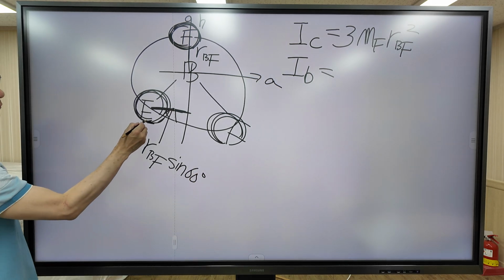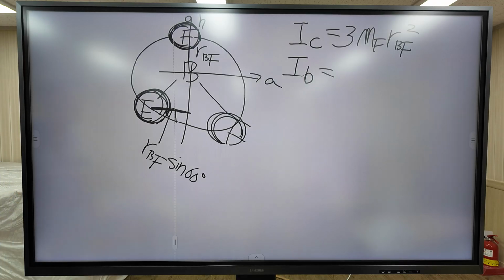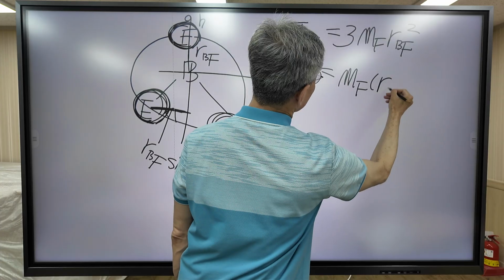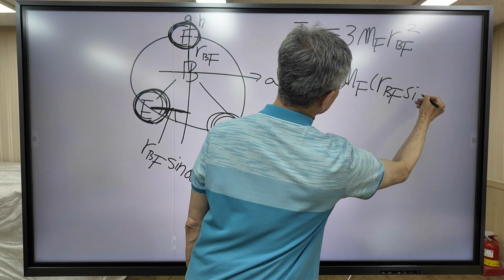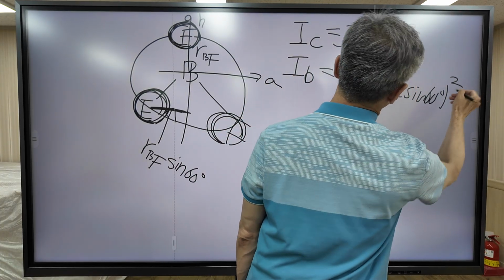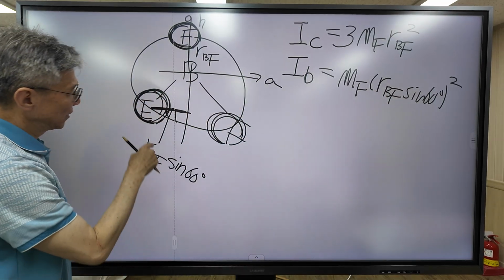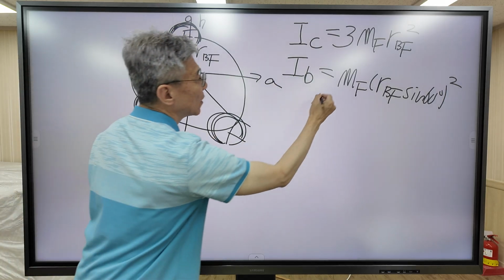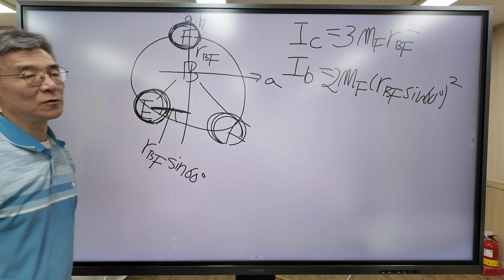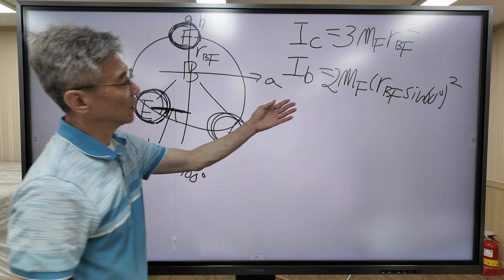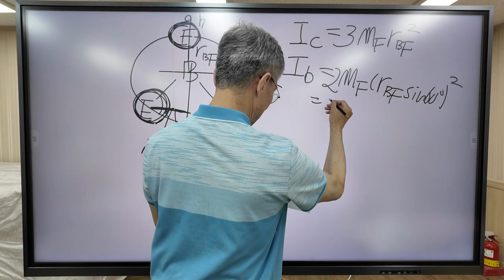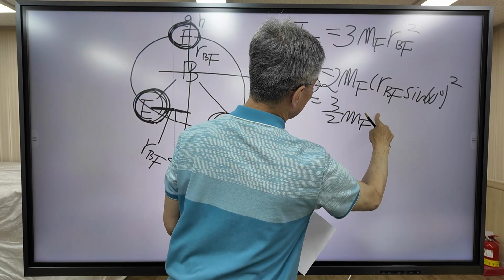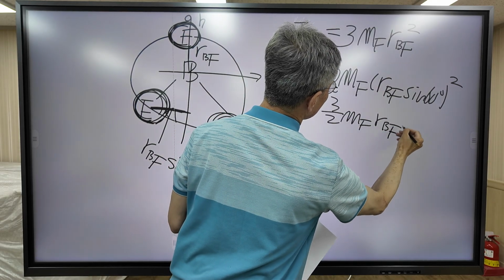So the contribution of this fluorine atom to the moment of inertia is mF (RBF sine 60 degrees) square. This one also has the same contribution, so we multiply by 2. So we calculate this, and it is equal to 3 over 2 mF RBF square.